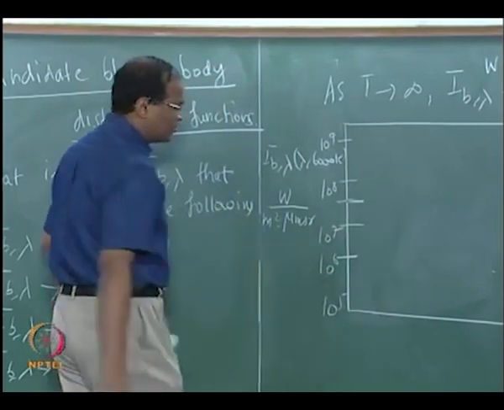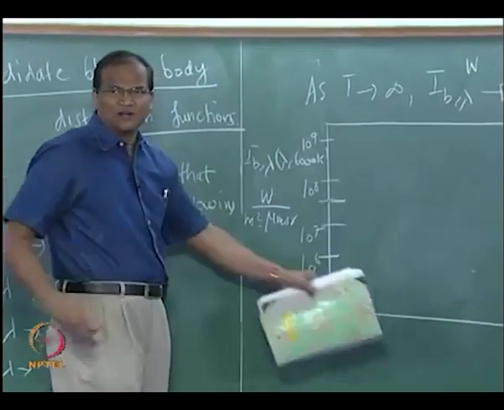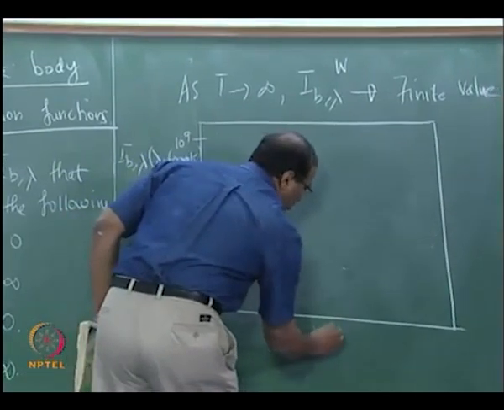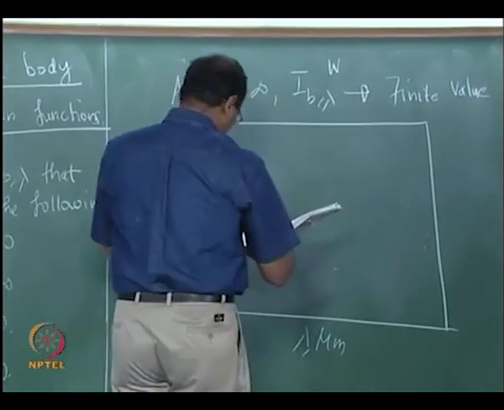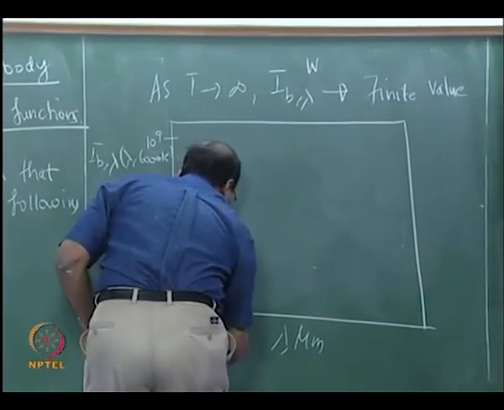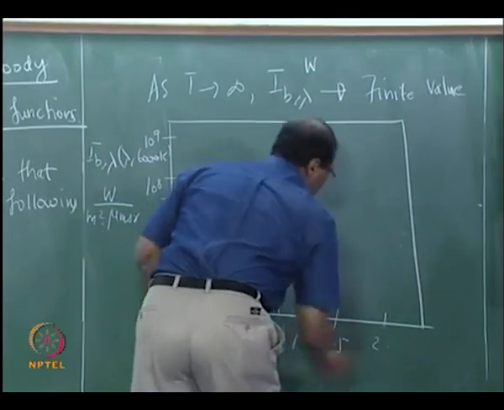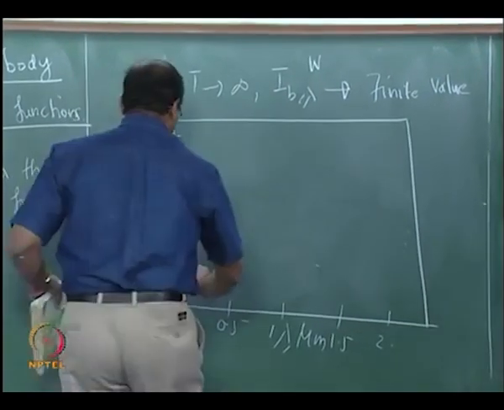And what will be this? I am looking at a spectral distribution, x axis must be lambda in micrometer, good. So we are always looking at micrometer, so let us say 0, 0.5, 1, 1.5, 2.